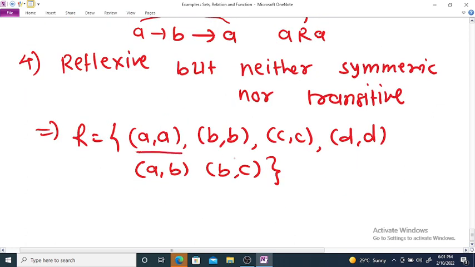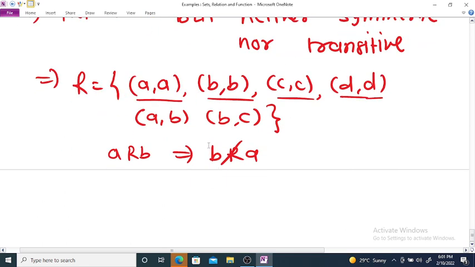Why? AA, BB, CC, DD pairs belong to the given set R, but A related to B and there is no pair B related to A. The pair AB lies in set R but BA is not there, therefore it is not symmetric.